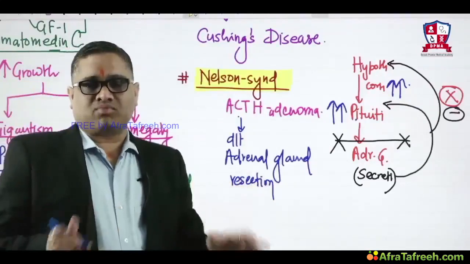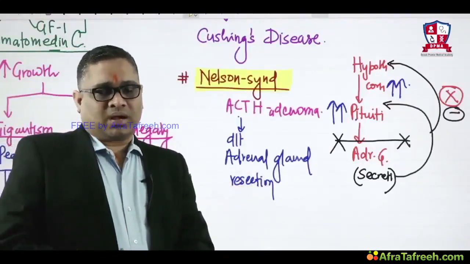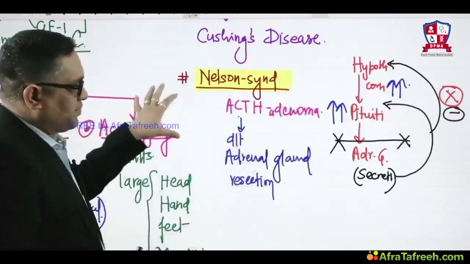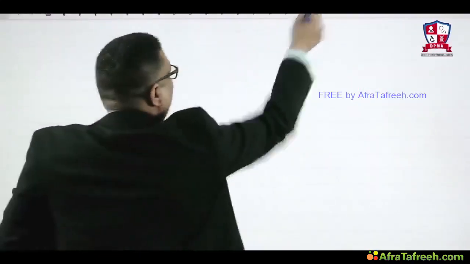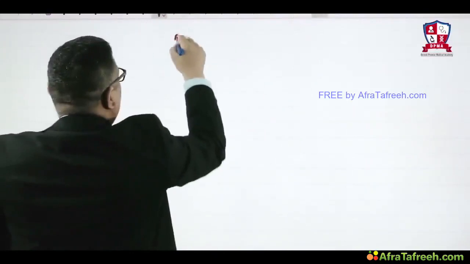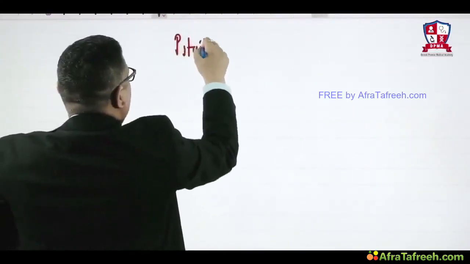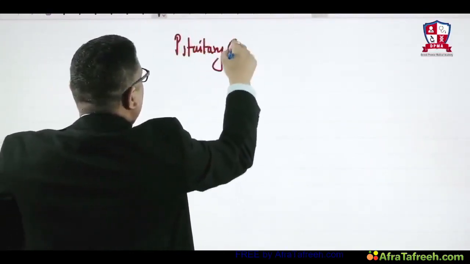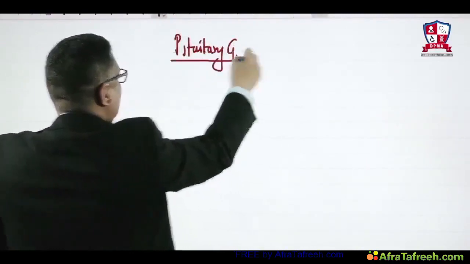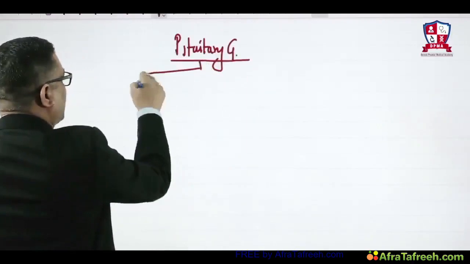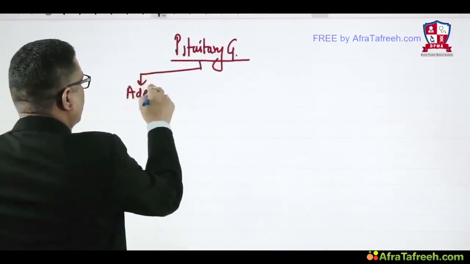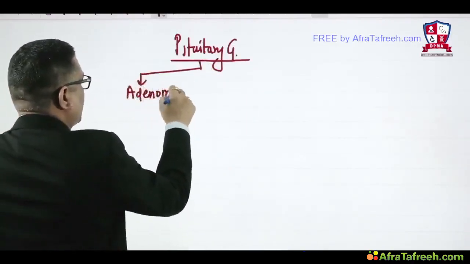So these are important points about hypo and hyperpituitarism and various types of pituitary adenomas. Pituitary gland tumors, as I said, can be adenoma, which is a benign tumor, right?